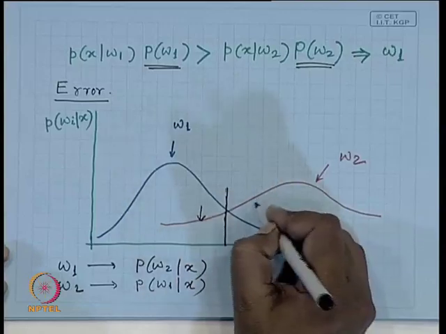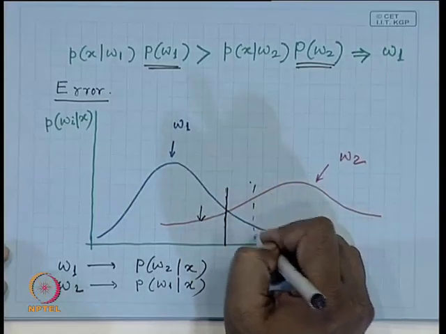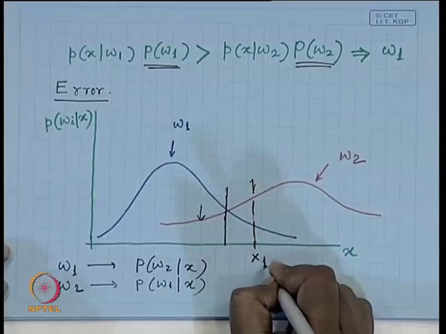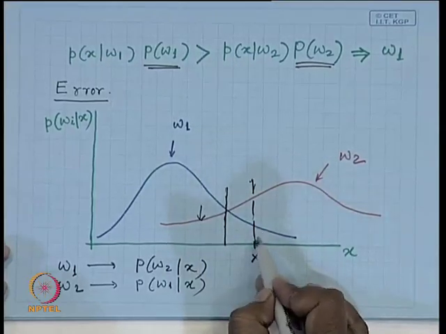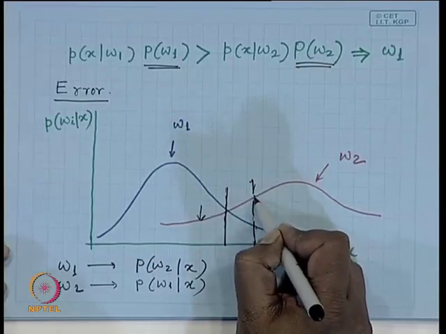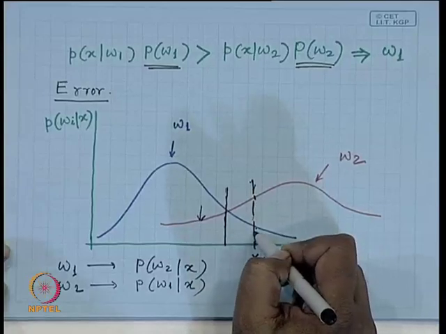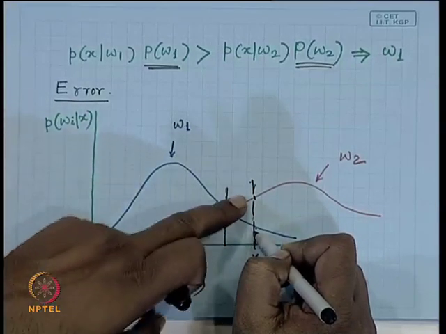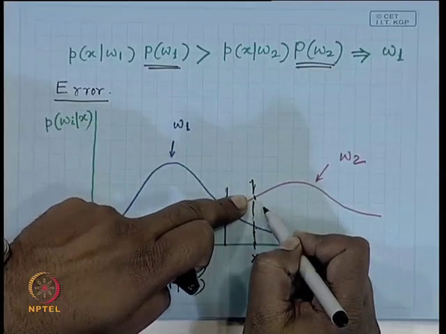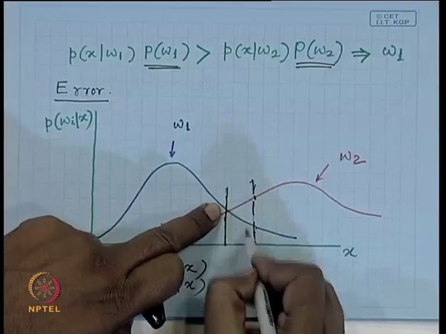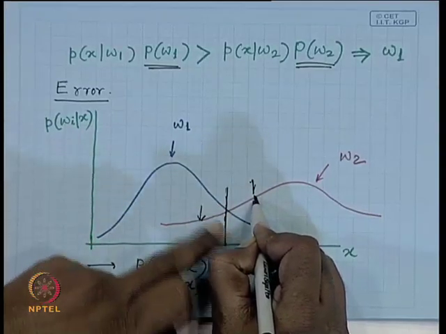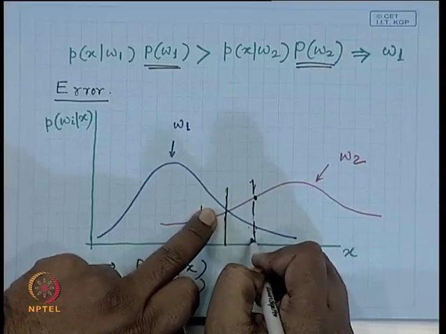Because if I decide for an object for which the value of x is here, say x 1, over here p of omega 1 given x is less than p of omega 2 given x, but if I decide the object to belong to class omega 1, my probability of error is p of omega 2 given x, which is quite high. Whereas, if I decide in favor of omega 2, then the probability of error is p of omega 1 given x, which is less than p of omega 2 given x.